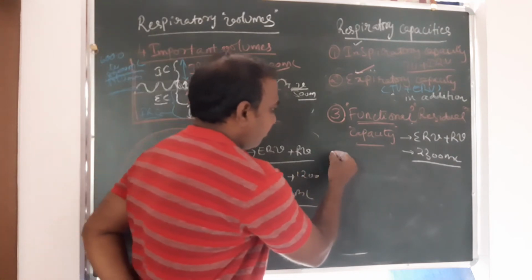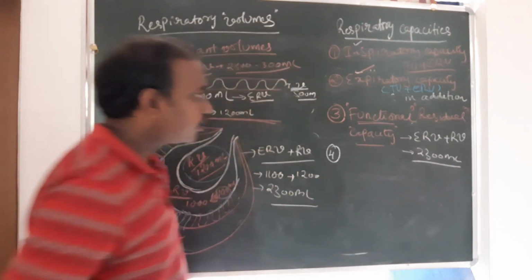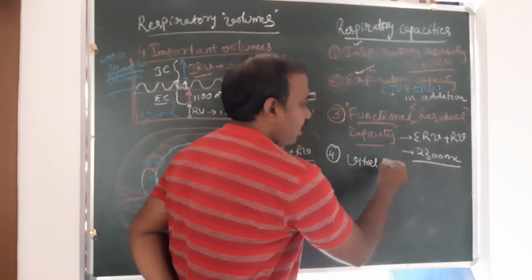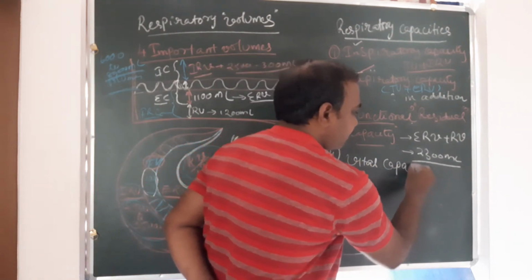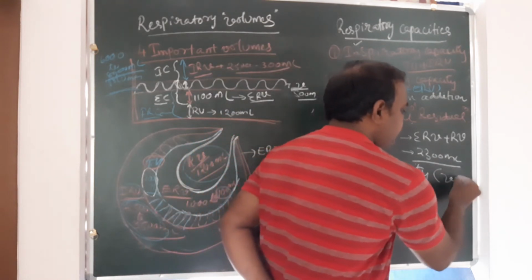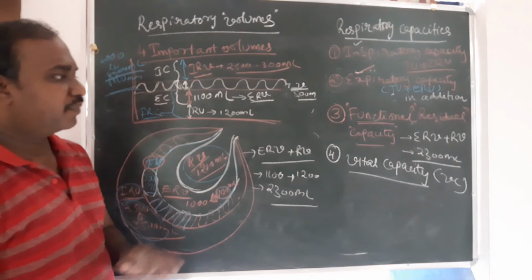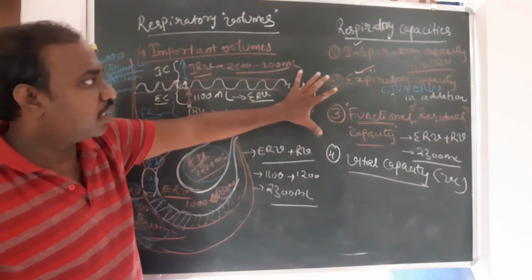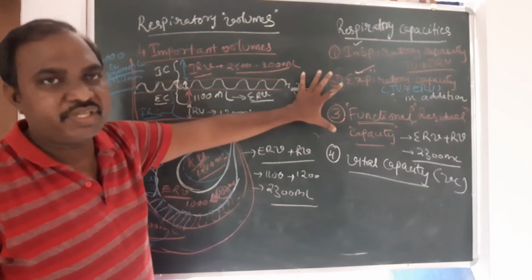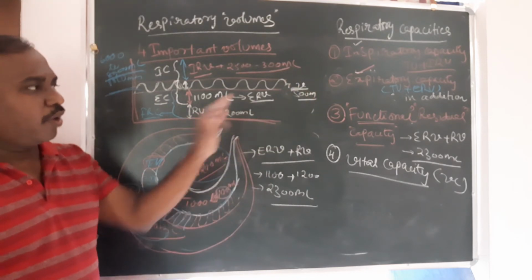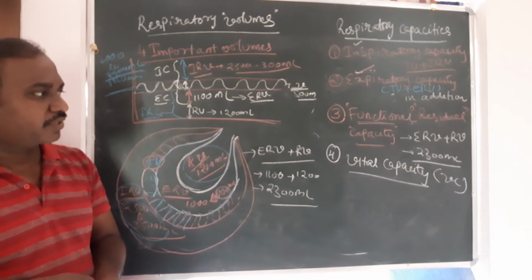What is the next capacity that we have? We have the capacity called vital capacity. What is the meaning of vital capacity? It is the volumes of air which are functionally involving the lungs. What do you mean functionally involving the lungs?